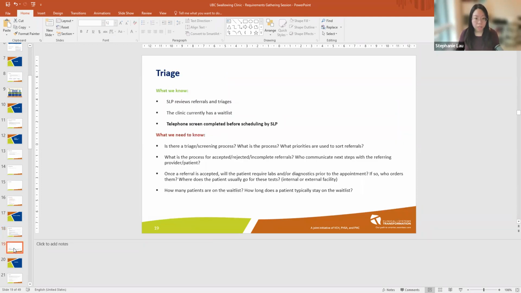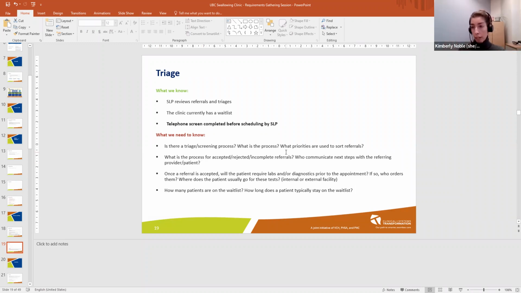All right. In terms of triaging, I know the SLP reviews the referrals and triages, and there is a wait list. And with the triaging comes a telephone screen, which the SLP does. In terms of that, what else would the SLP do as part of the triage screening process? Yeah, so that's essentially it.